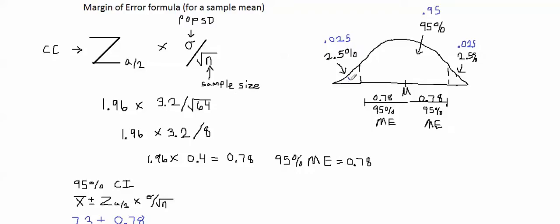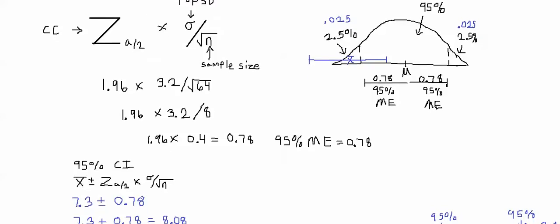So if my sample mean is more than 0.78 below the population mean, in other words, if my sample mean is down here below this lower boundary, then my confidence interval won't reach the population mean.